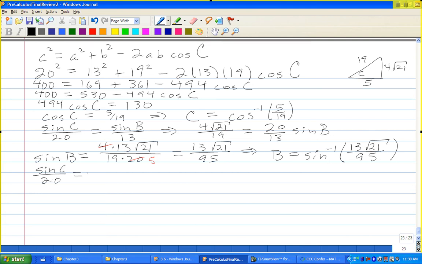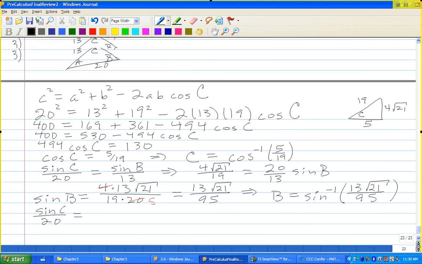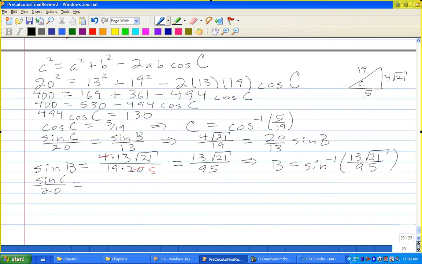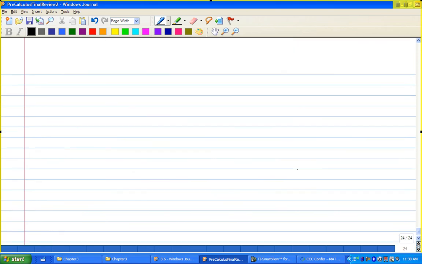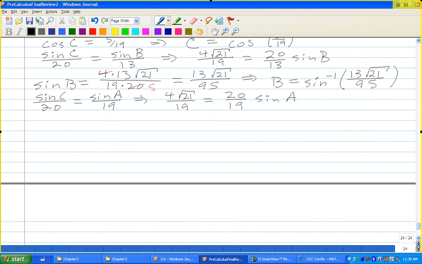Okay, and then lastly, I have the sine of C over 20 is equal to sine A over 19. So that says that the sine of A is equal to 19 over 20 times the sine of C, and that becomes nicer.